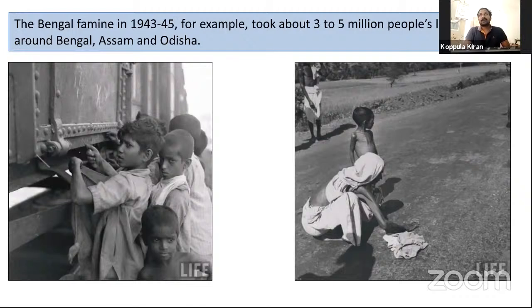He left his father and took his brothers and sisters to Kolkata. Why did he go to Kolkata? He wanted to get work, to work to survive in Kolkata.